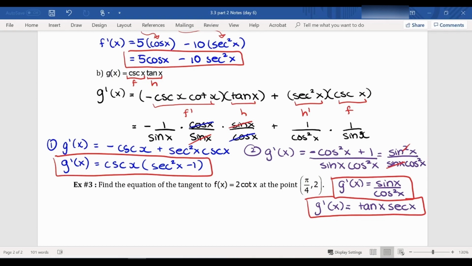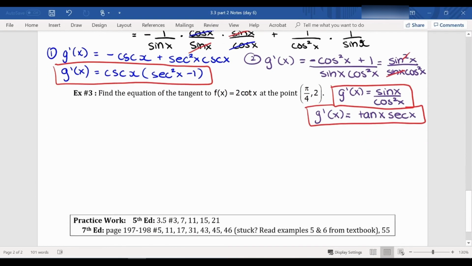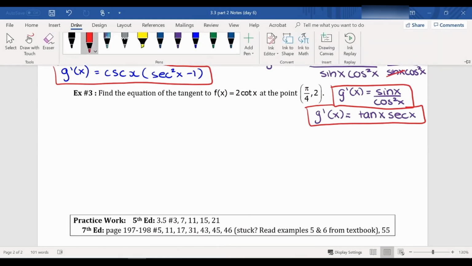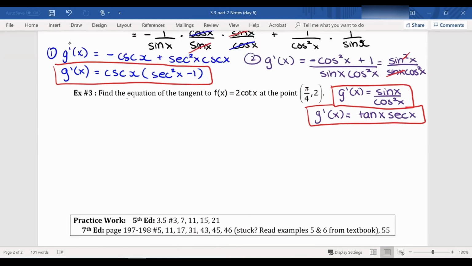All right. So last question of the day, we're going to be doing a find an equation with a trig function. So again, find an equation. We're looking for y equals mx plus b, where m is our f prime. So if I want to find f prime, I've got f of x is equal to 2 cotangent x.